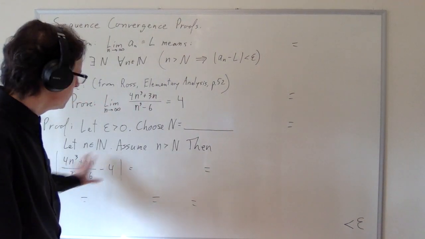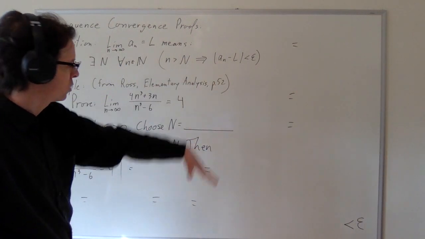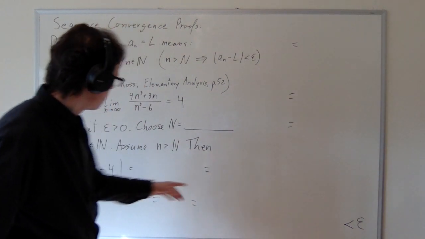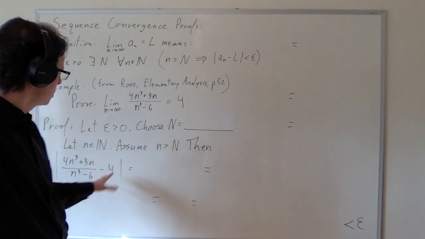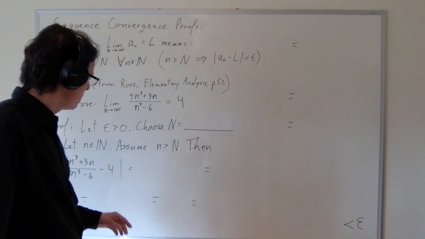Now, if these are truly all equal signs, then great. This structure of the proof will demonstrate that this thing is less than epsilon. But we might not have the luxury of computing it so easily that every one of these is an equal sign.